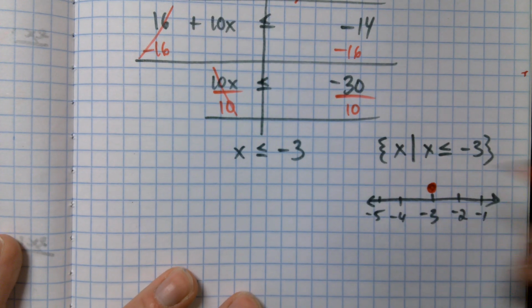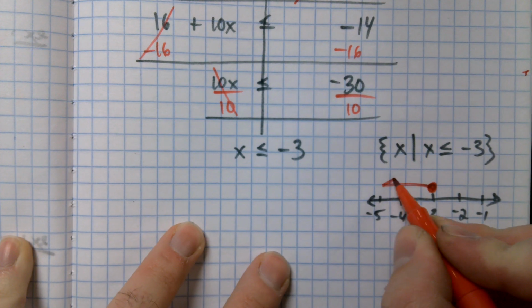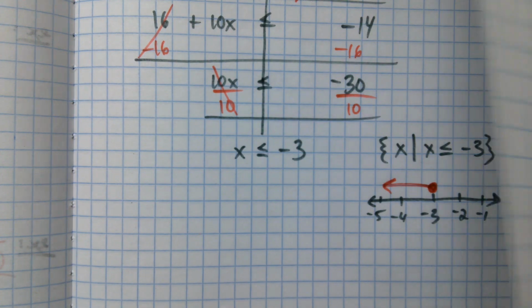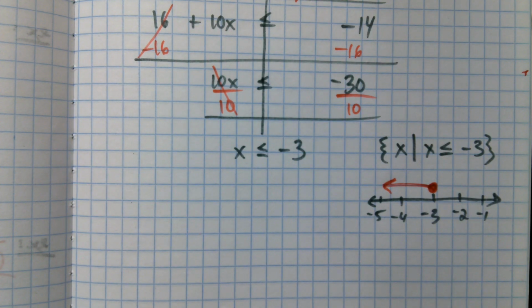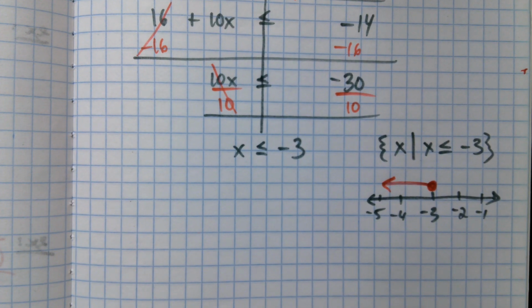Should my arrow be going to the left or the right? To the left. All values less than negative 3 would include negative 4 and negative 5. How does that sound? Okay? Not too bad.